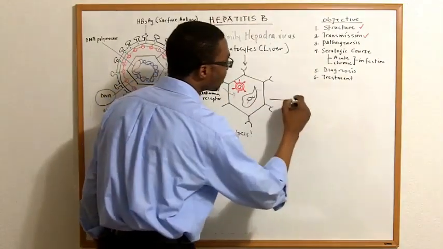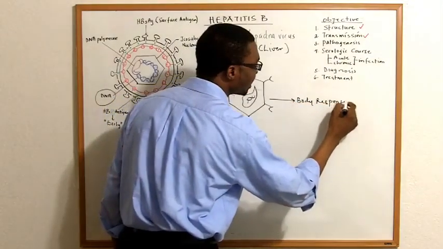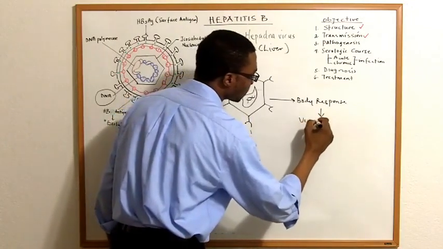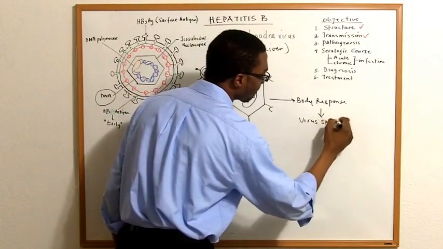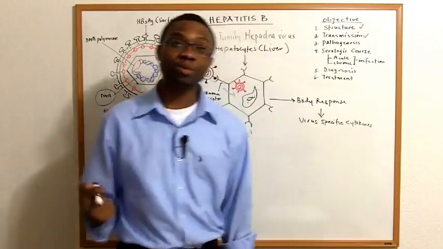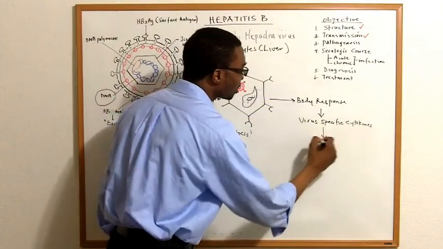The body says, no, this is not your apartment. Don't come in here. Virus-specific cytokines. These are like little perfumes to tell T lymphocytes to come to the spot.